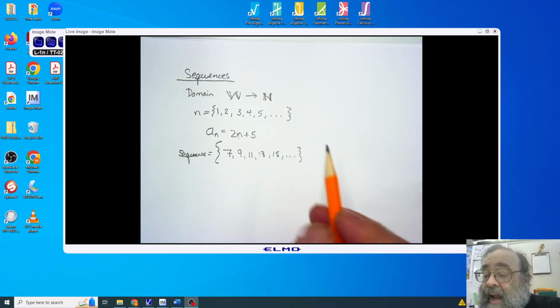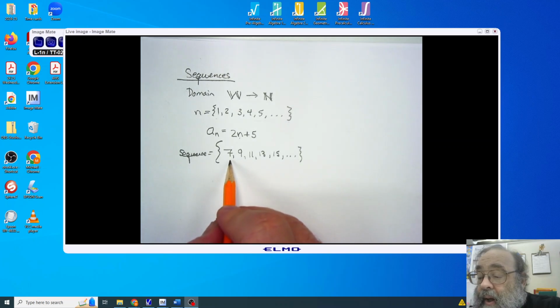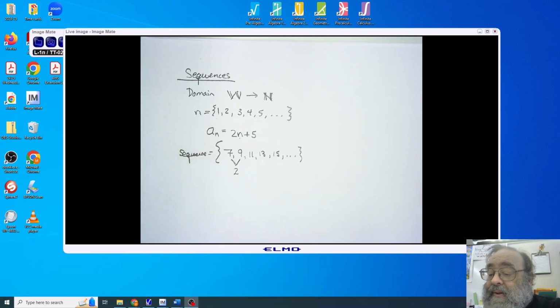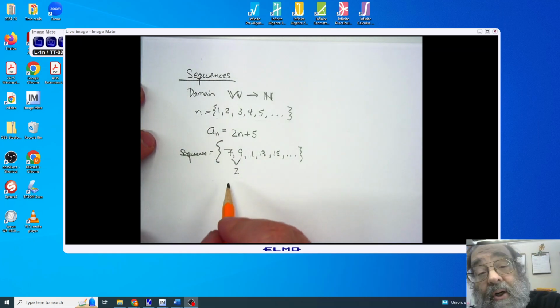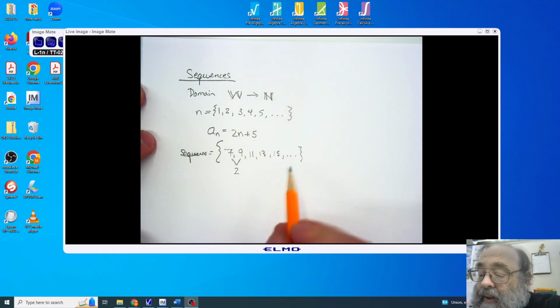Now, when you're looking at a sequence that's already written out, notice that we can see the gap between the values. And the gap between the values is the number that is multiplied by n. So let's just take a moment and work backward to try to figure out what is the rule that gave this sequence.